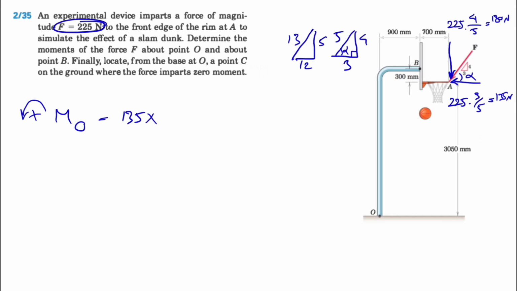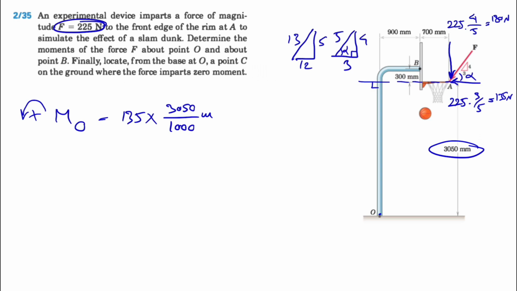This is the line of action, and the vertical distance to point O is 350 millimeters, so we divide by 1000 to get it in meters.